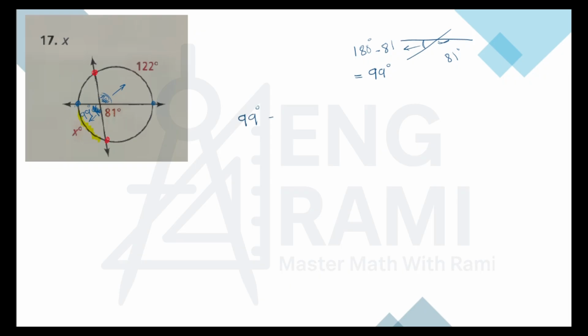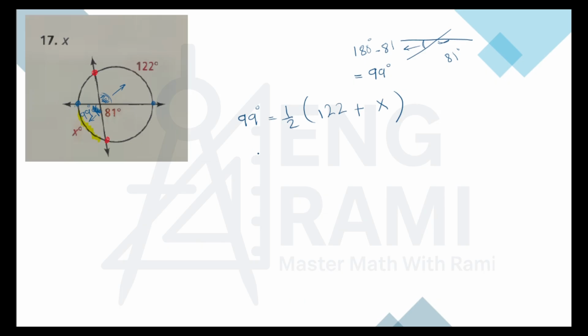99 degrees equals half of the summation of this arc measurement and this arc measurement, which is 122 plus x, which is the required.